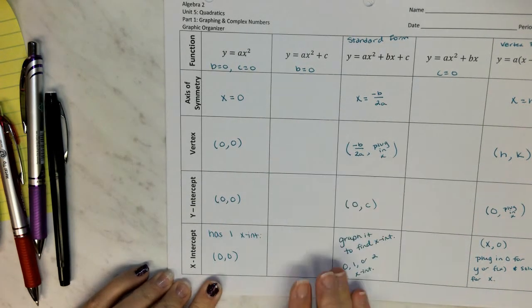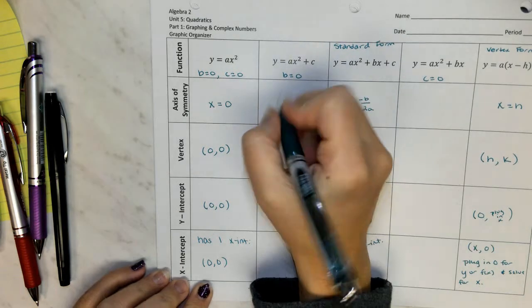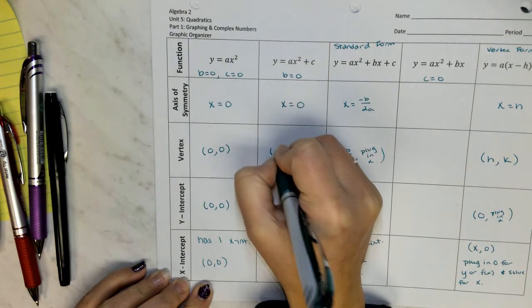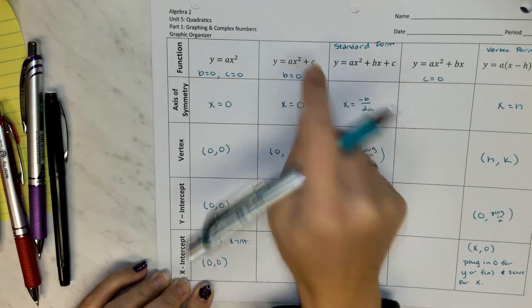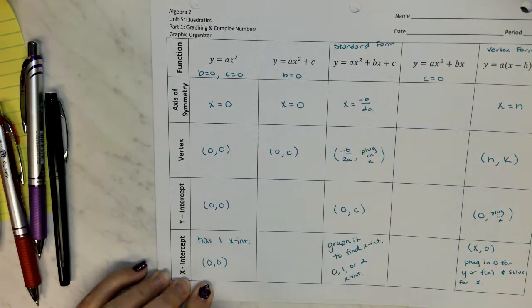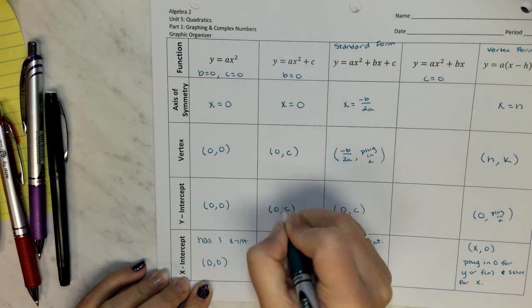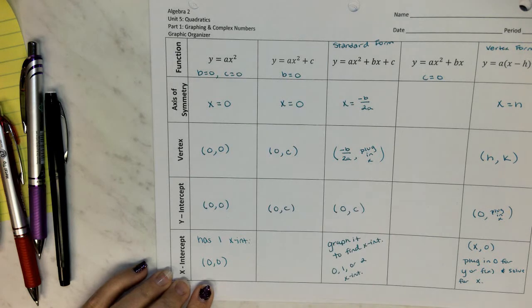Okay. Now if b is 0, when you plug in 0 and divide by a number, you're going to get 0. So let's plug in 0. If we plug in 0, this turns into 0, and we add c to it. 0 plus c is c. So our vertex is going to be at 0, c. That's also our y-intercept, because we plug in 0, we're going to get c.